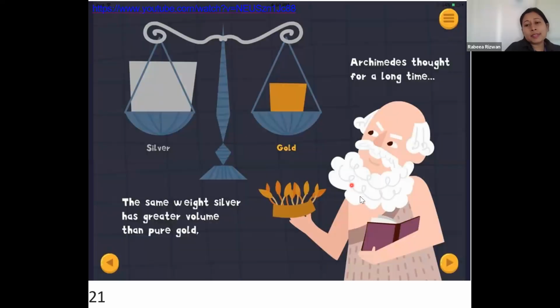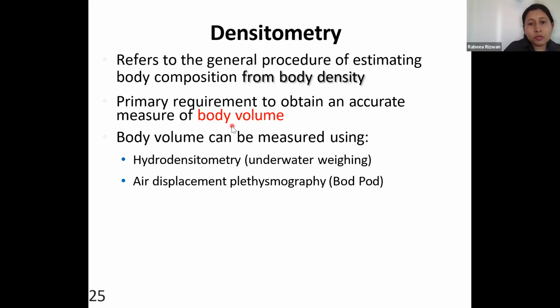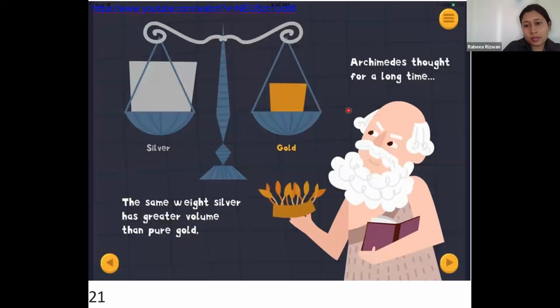Now, how does this concept come to assess body volume or body density? Is it enough to weigh our body by standing on a weight scale? How does this concept come? It came from Archimedes. He picked two metals, one pure gold and one silver, and put them in a physical balance to evaluate the weight.